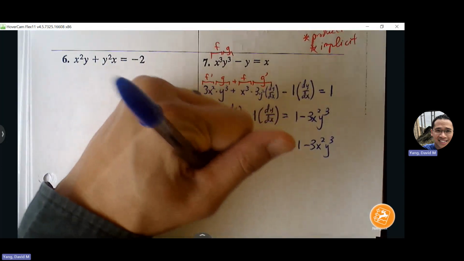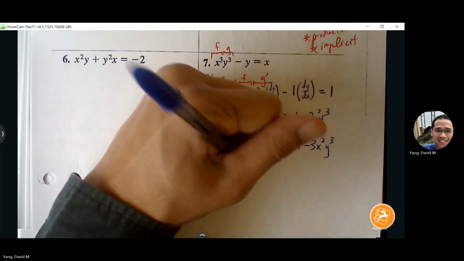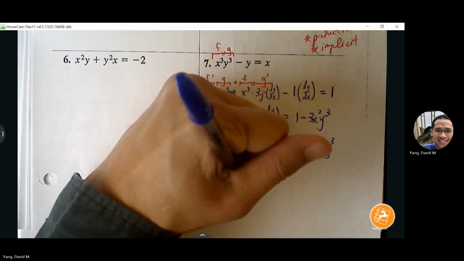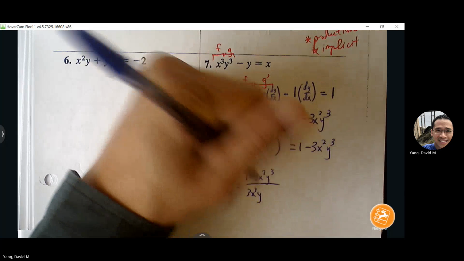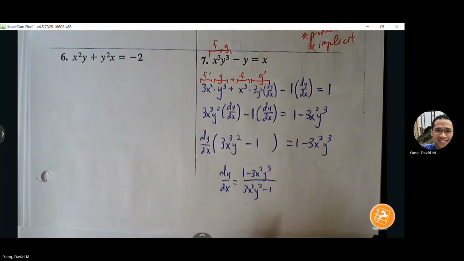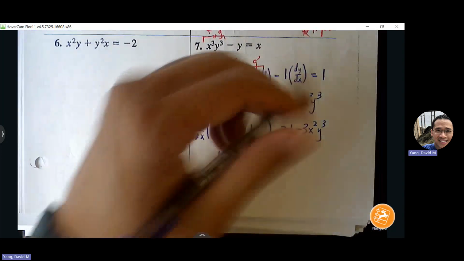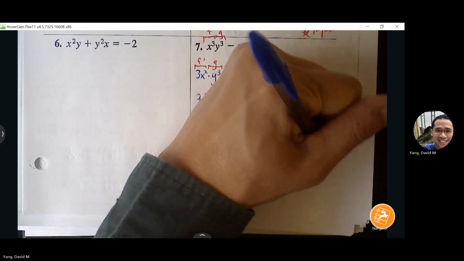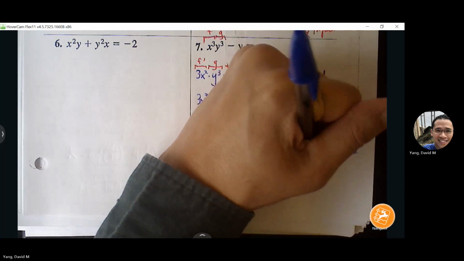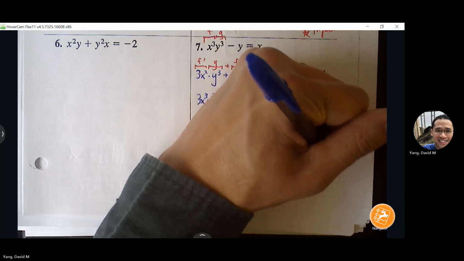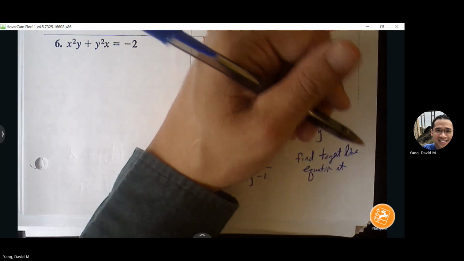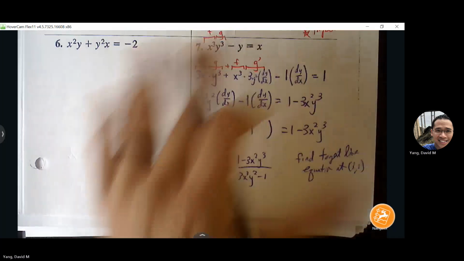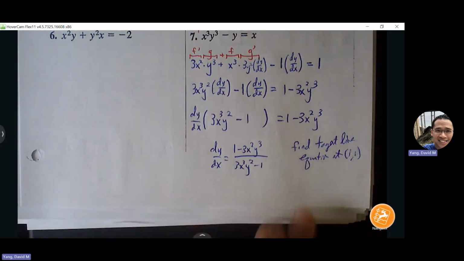I have my slope formula. So let's say from here, I asked you, find the tangent line equation at ordered pair 1, 1. What would you do from here?